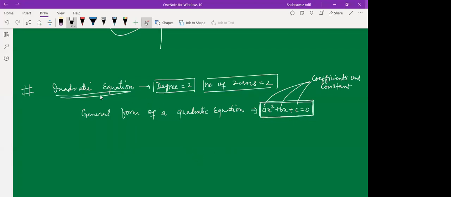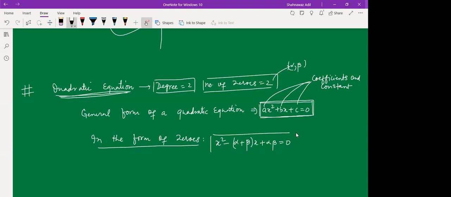Now, if we write the quadratic equation in the form of zeros, let's say alpha and beta are the zeros, this is how we represent the quadratic equation.